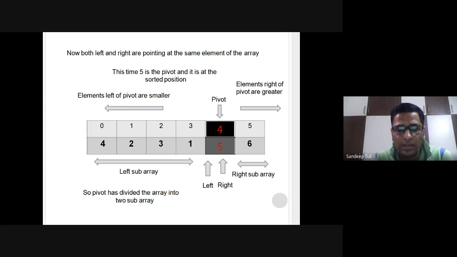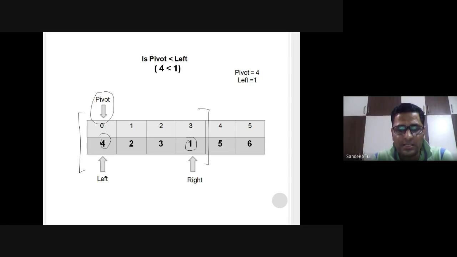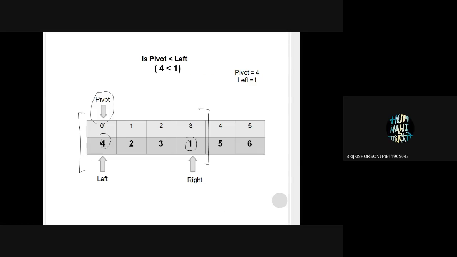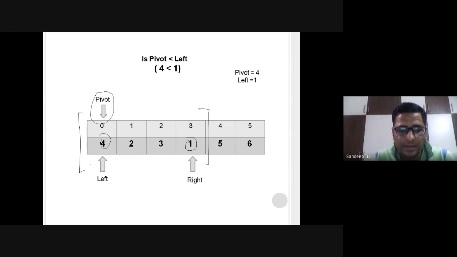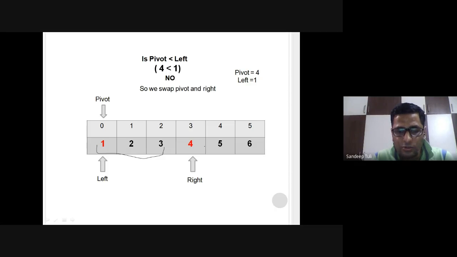But now in this case, how many sub arrays have we got? Only one sub array, and that sub array is this, after swapping 1 and 4. No right sub array is there, we have got only the left sub array. So in quicksort it is also possible that the problem will not be divided into 2 sub arrays. We can get only a single sub array.